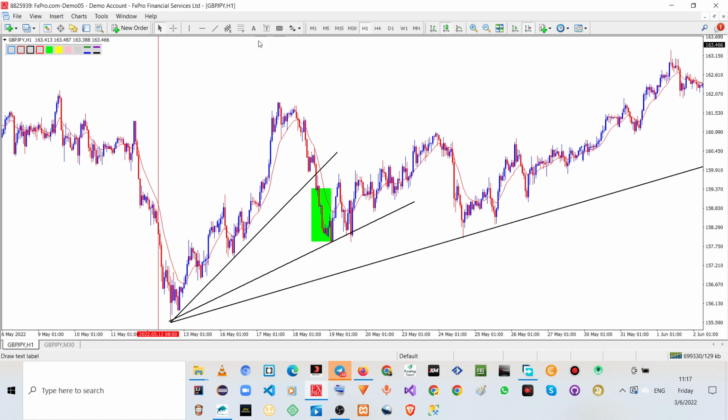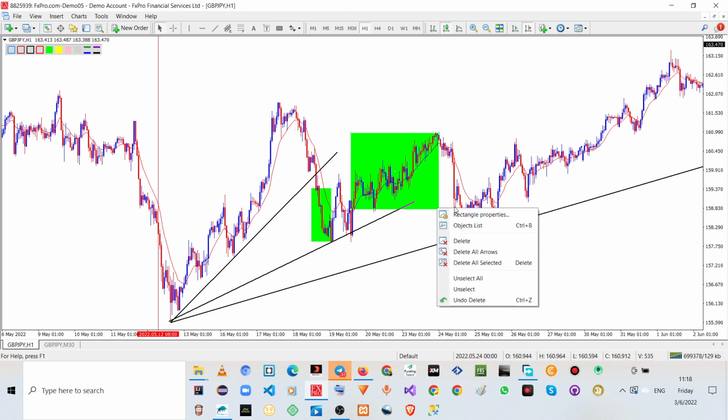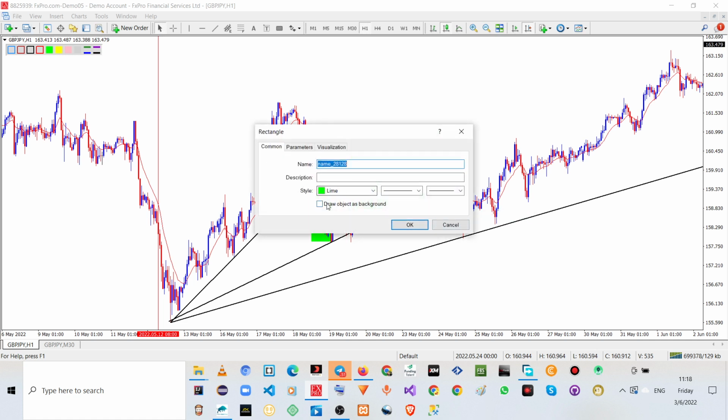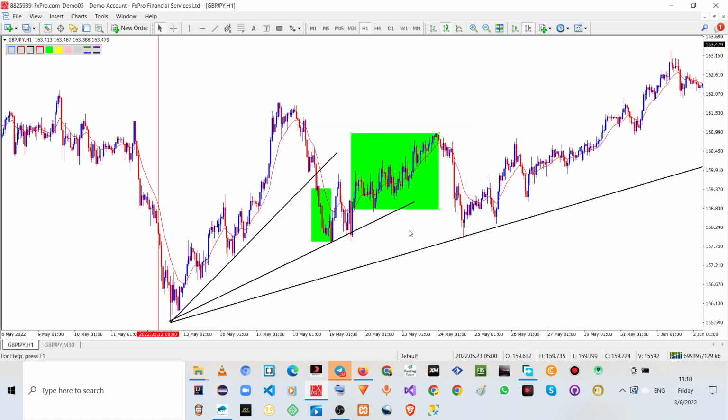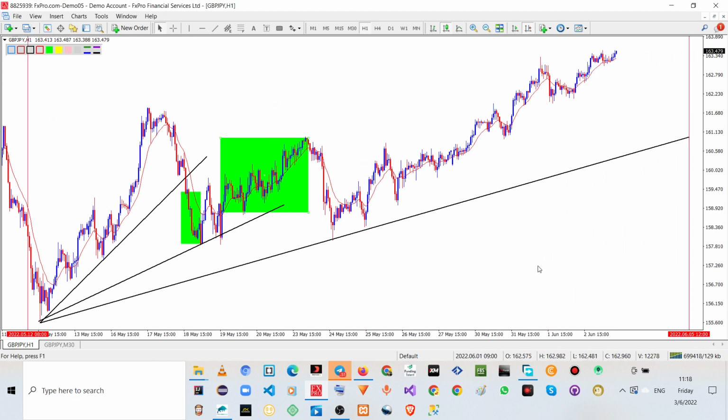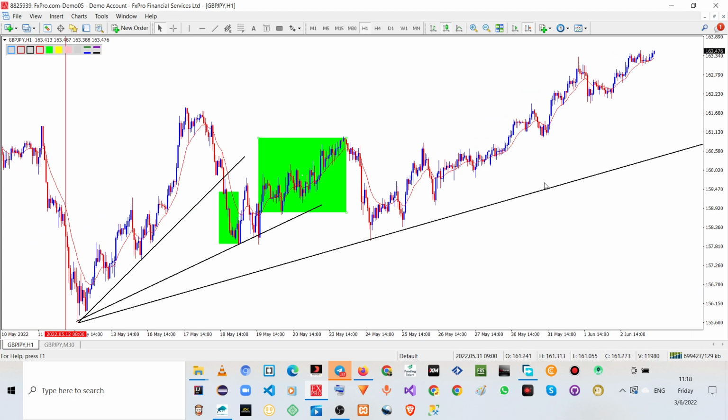Our trade would be right from here, all the way up to here. I'm going to be showing you exit triggers as well. This is just when you are not trying to trade too much, when you're trying to be light on the trade.